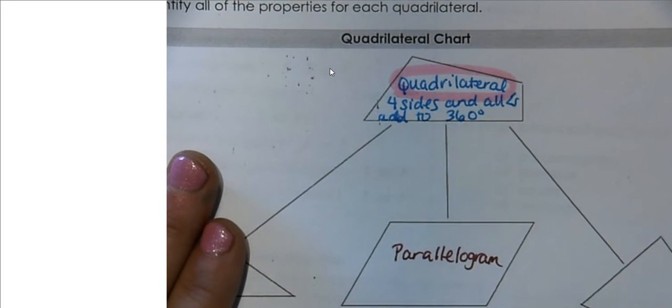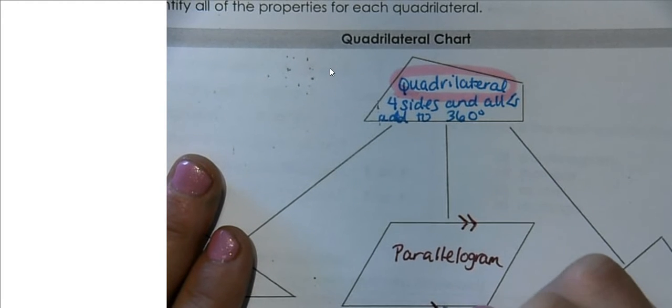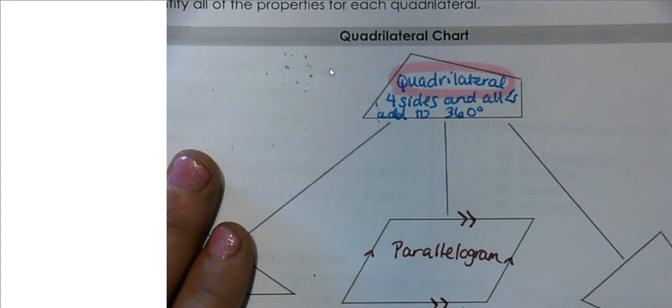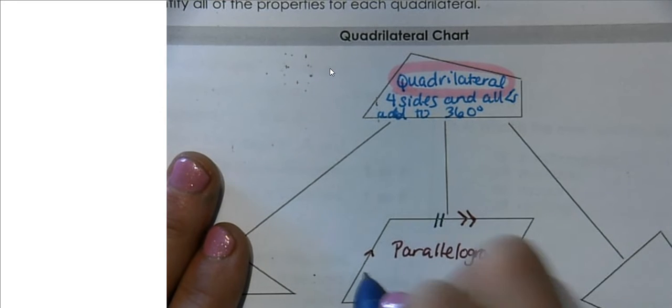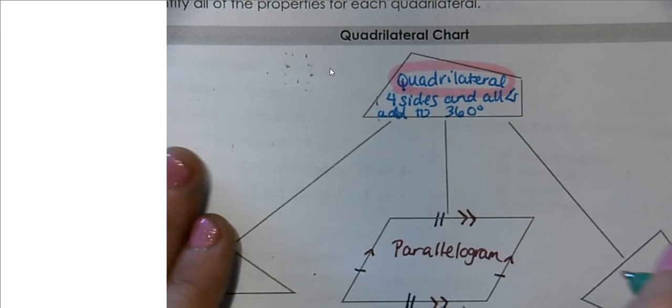And a parallelogram has opposite sides that are parallel. As a result of opposite sides being parallel, what also ends up happening is that opposite sides are also congruent. Because of that, we will end up with opposite angles that are going to be congruent.